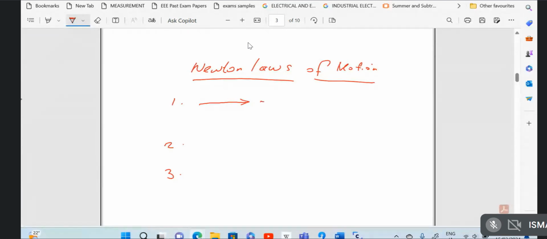It will continue to move forever, but can only change if some force is applied on it.